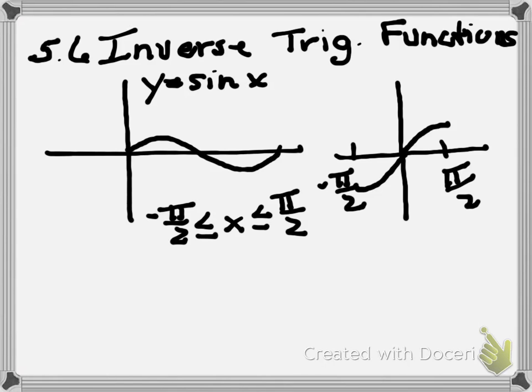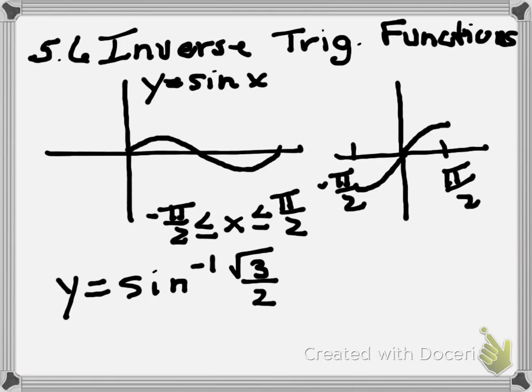So notation, if I say y is equal to the inverse of the sine, then what I'm actually saying, if you were to read it in words, is I want to know the angle whose sine is. That's what this means.